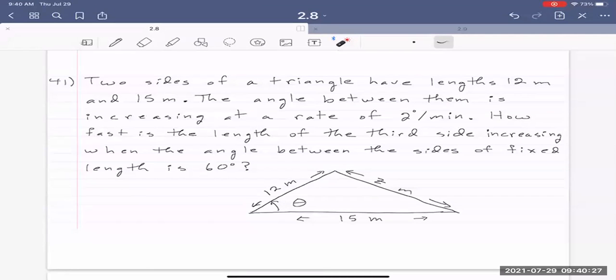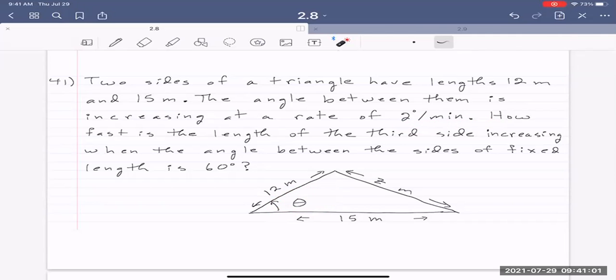So, since I have a little picture here, I left it. And so I have a triangle. So this is a nice triangle. And they have lengths of 12 meters and 15 meters. And I just called the other one z meters for the heck of it. And I have that the angle is increasing at some rate, 2 degrees per minute.